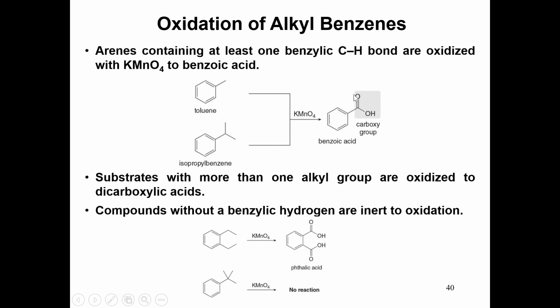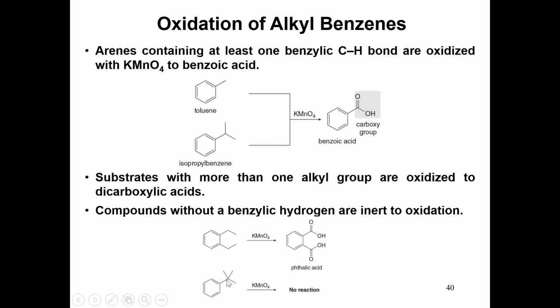Benzene ring and a carboxylic acid. Regardless of the variation of the structure, always benzoic acid. If you have two alkyl groups, you are going to form two acid groups here. The oxidative reagent is a very strong oxidative reagent here.